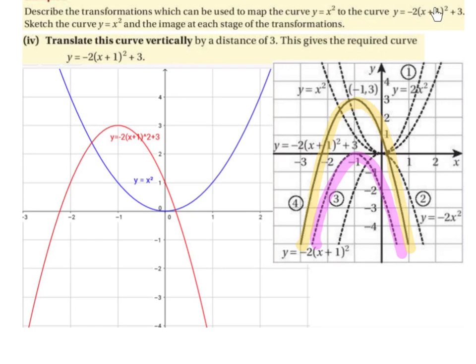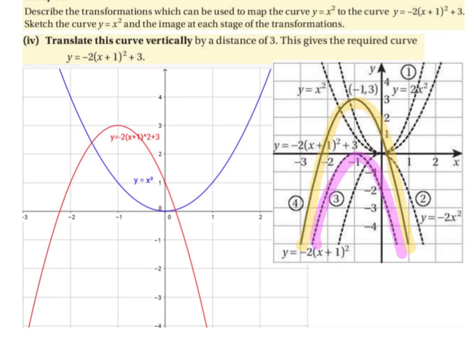Then we moved it 1 step to the left because of this plus 1 inside the bracket. So then we had this graph here, which is y equals minus 2 times (x plus 1) squared. And then we did the plus 3 at the end, which means we moved it upwards by 3 steps. And this is where we finished: y equals minus 2 times (x plus 1) squared plus 3.